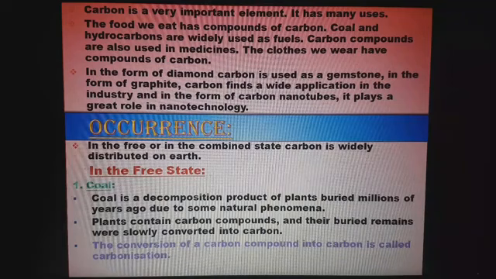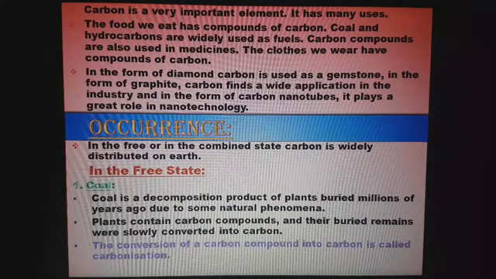And the clothes we wear have compounds of carbon. So as you can see, everything we need in our day-to-day life has compounds of carbon. This is how carbon is a very important element, because it is an essential part of our day-to-day life, whether it is food, clothes, fuel or anything.